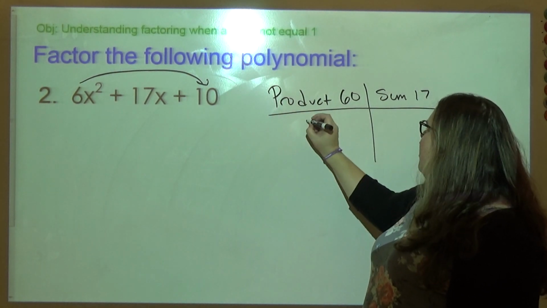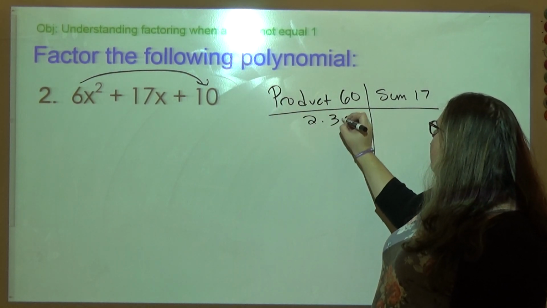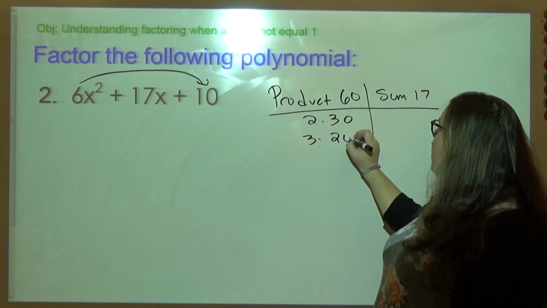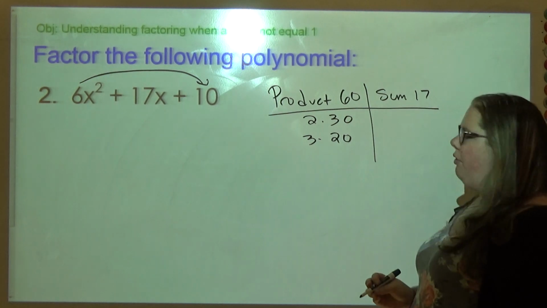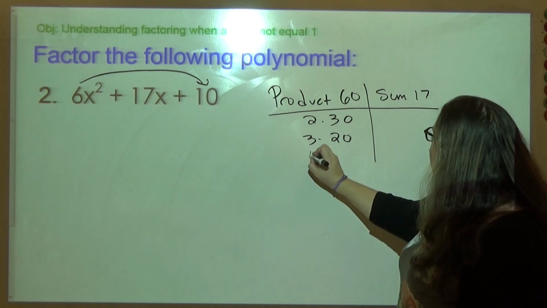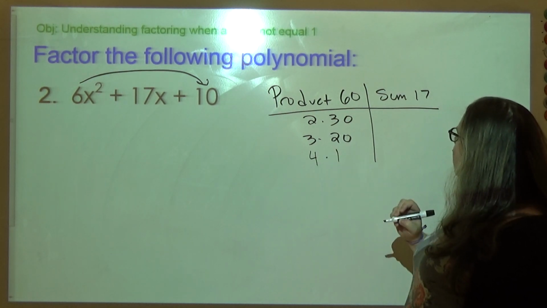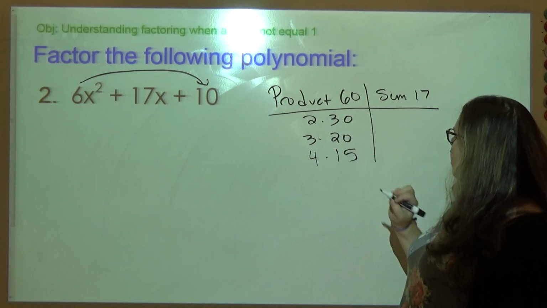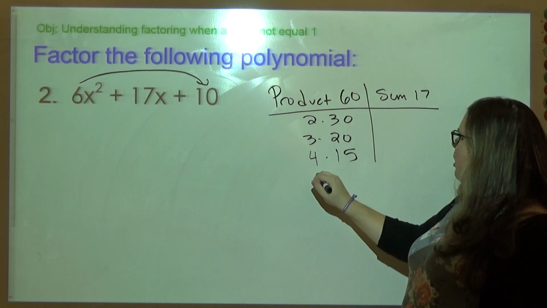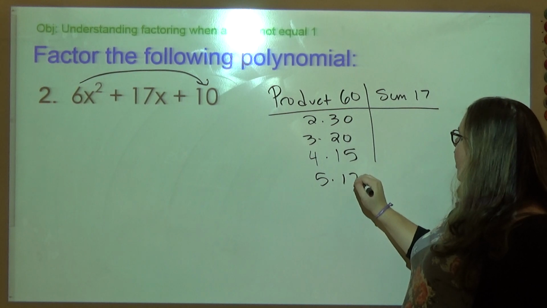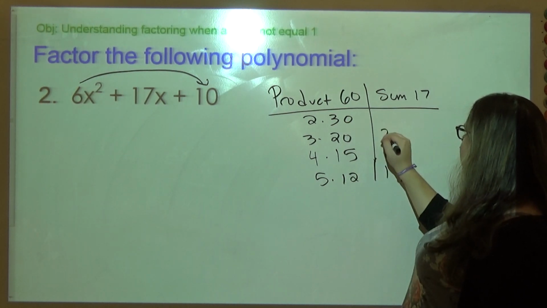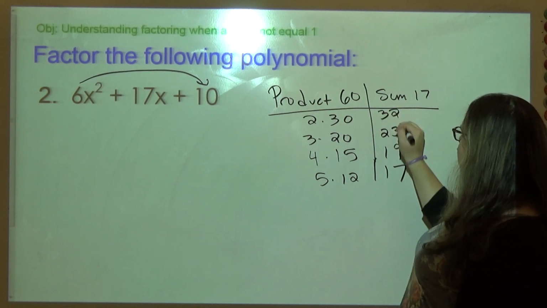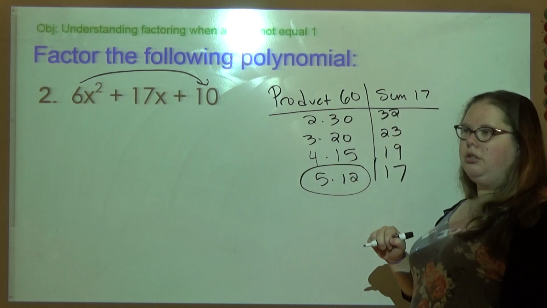So 1 and 60 is a no, so 2 and 30, 3 and 20. Be careful, some students like to tell me it's that. But remember, 3 and 20 is 23. 4 and 15, oh, that's 19. 5 and 12. 5 and 12 do it. So those are my 2 numbers.